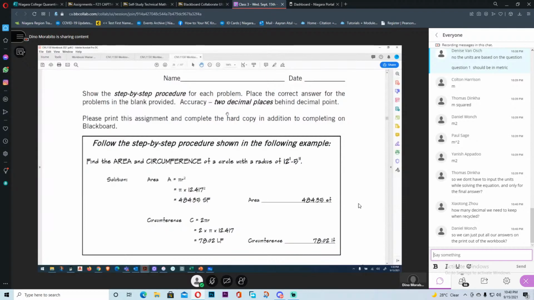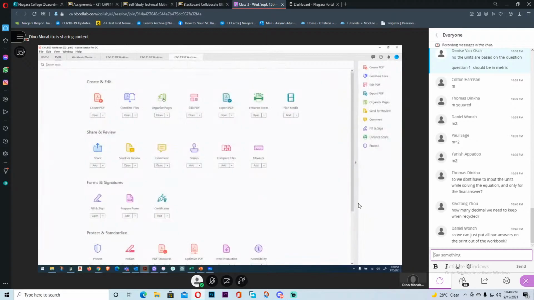Now, let me show you one other thing, and this is a suggestion, because when you submit your work, it would be nice not to have you submit the entire workbook. Organize pages. It's a tool on the right-hand side of the page, but it's also a tool up here in the toolbars. If I click Tools, I will come to Organize Pages. Okay.